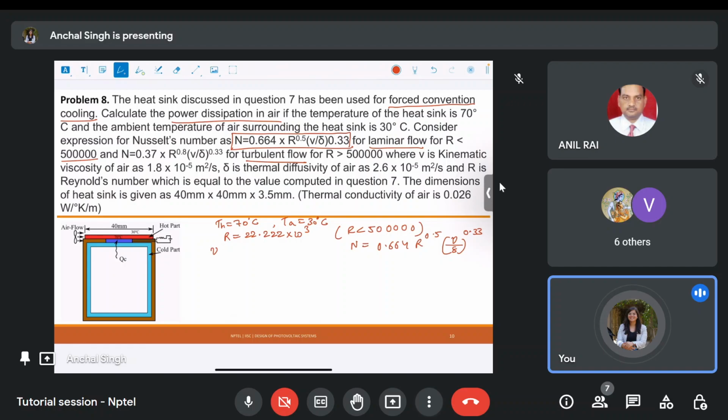The kinematic viscosity nu is given as 1.8 into 10 to the power minus 5 meter square per second, and delta is the thermal diffusivity, given as 2.6 into 10 to the power minus 5 meter square per second. The Reynolds number we already know, and the dimensions of the heat sink are 40 cross 40 cross 3.5. And thermal conductivity is 6 watt per degree per meter.